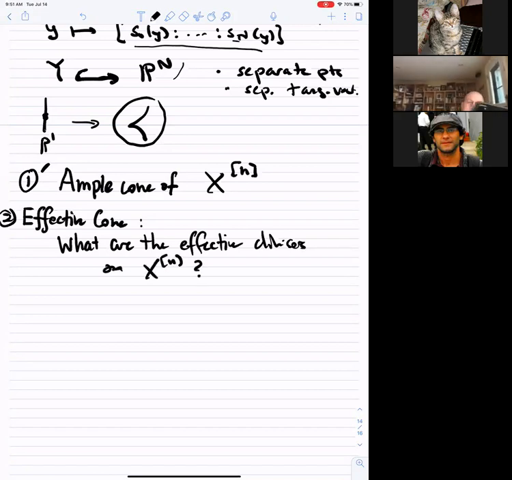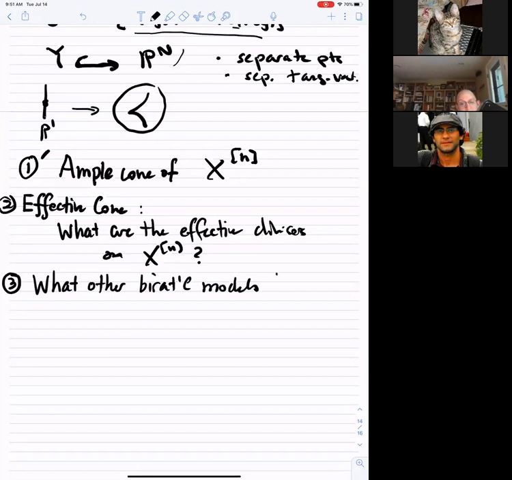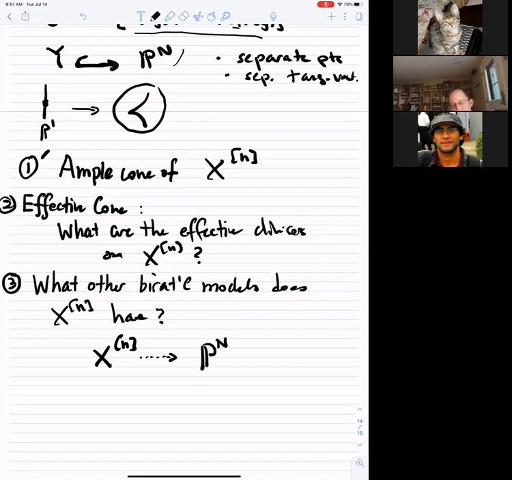And then the third question that you can ask is, what other birational models does X_n have? First we looked at embeddings, but maybe I want to look at maps from X_n to projective space that are not embeddings, but birational maps.